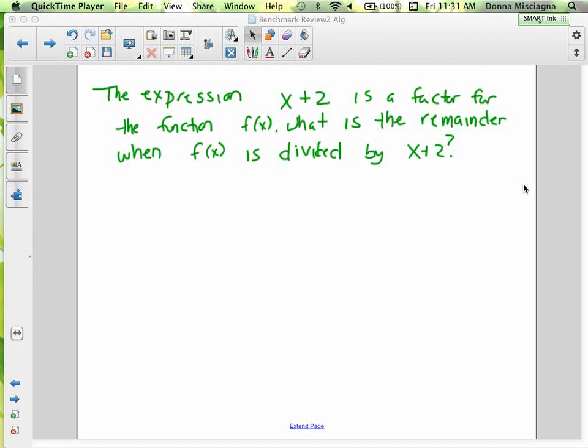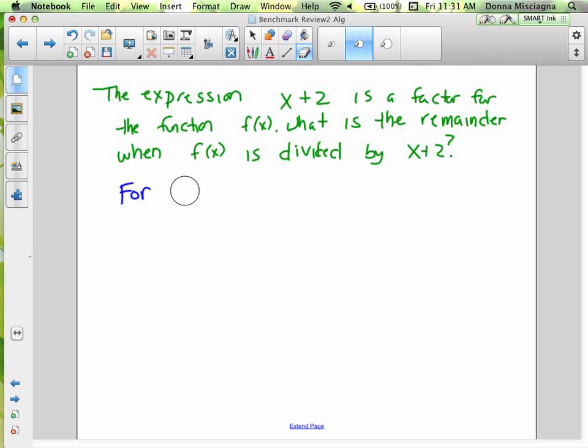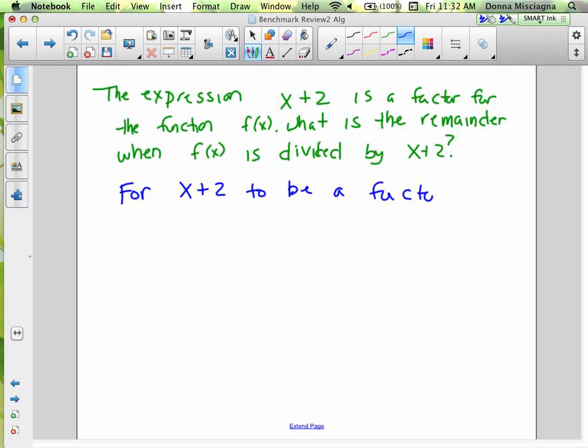So the expression x plus 2 is a factor for the function f of x. What is the remainder when f of x is divided by x plus 2? Right? So for x plus 2 to be a factor, I'm going to put a big star by this so you remember this. I hate for you to miss this question.